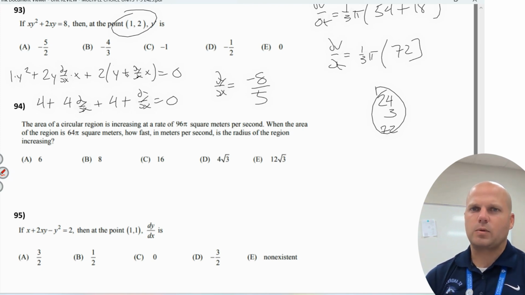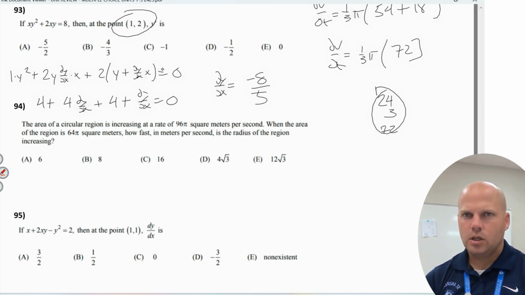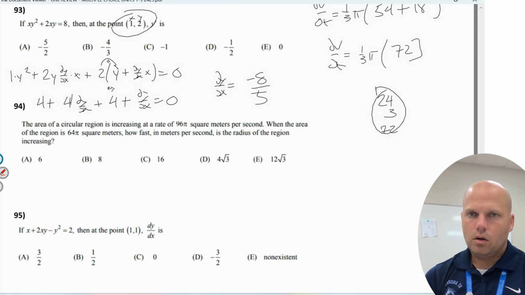You got the slopes of x times y plus the slopes of y times x equals 0. 1 is x, 2 is y. 1 is x, 2 is y, 4. 2 is y, 4. 1 is x. 2y dy dx xy. Dy dx times x times 2.